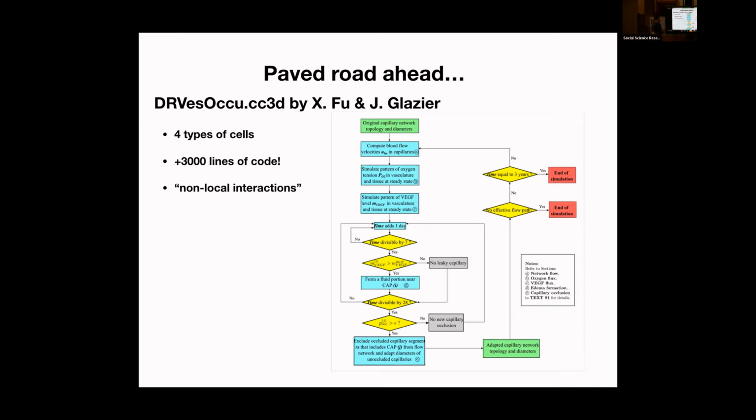If you remove one of the pipes, you need to start all over again. You need to, again, calculate the flux of oxygen, the VEGF pattern, the blood flow, etc. So that's why when that turns yes, you need to go back in this direction, and it's like starting all over again. So you can imagine that takes a lot of computational time.